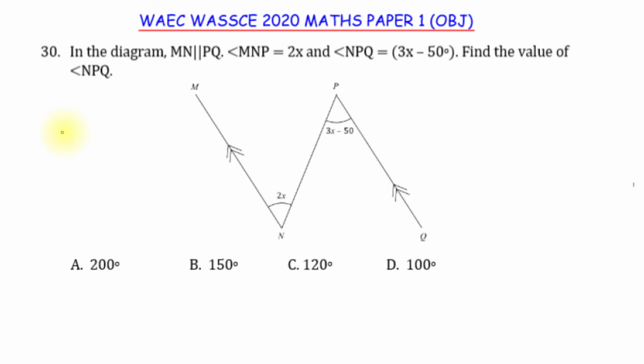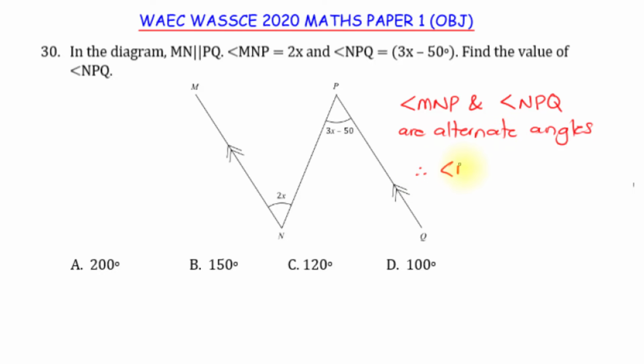So angle MNP and angle NPQ are alternate angles, okay. So the implication of them being alternate angles means that they are equal to each other. So we can say angle MNP is equal to angle NPQ.